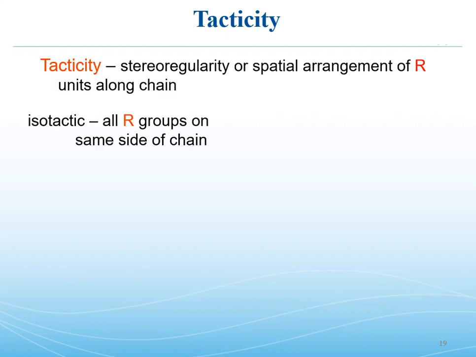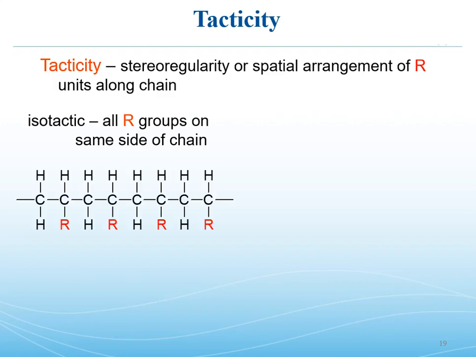So depending on how big that radical group is, its position and the regularity of its position on the chain will determine how much a polymer molecule can fold in on itself and how entangled it can become with other molecules. So the first definition, isotactic, all of the radical groups are on the same side of the chain.